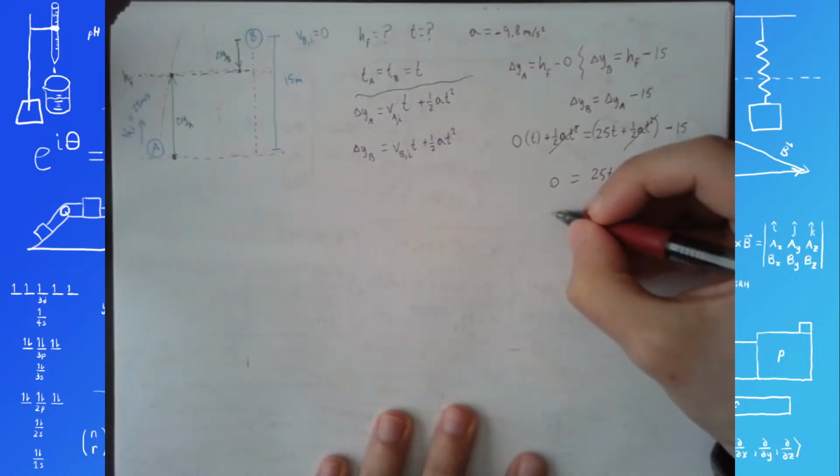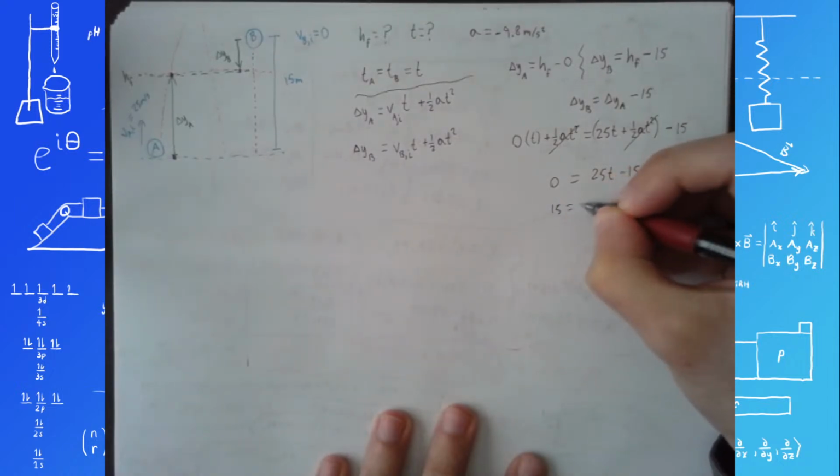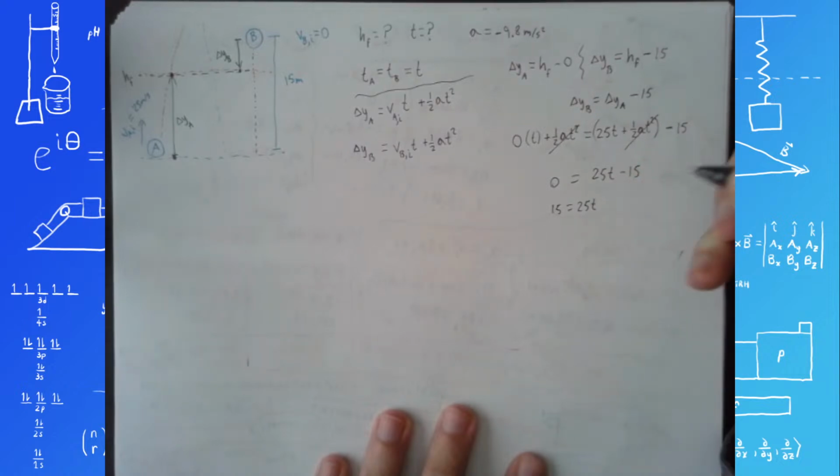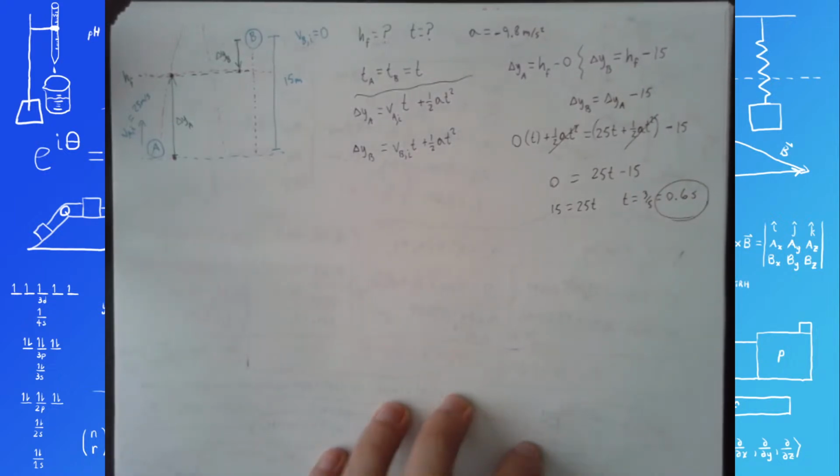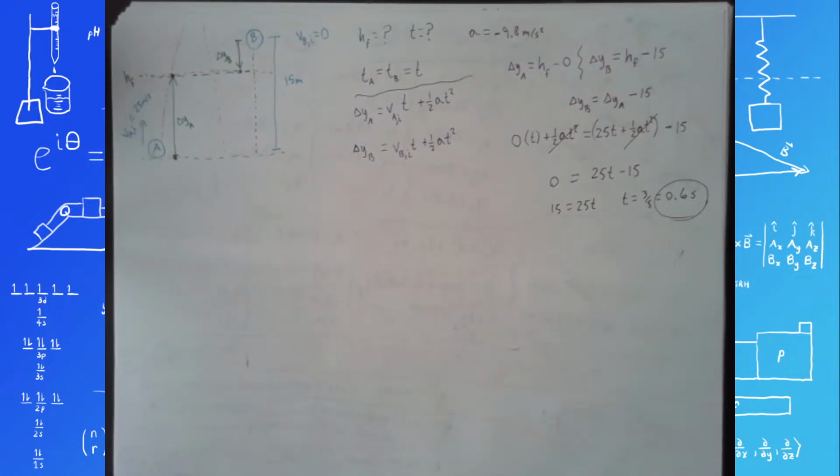Add 15 to both sides. 15 equals 25T. T equals 15 over 25. Reduced by 5, that becomes 3 over 5. So T is equal to 3/5 equals 0.6 seconds.